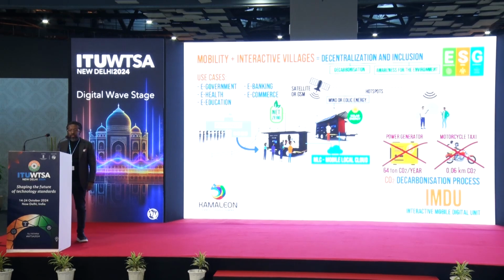As illustrated in the picture, public service offices usually have very long queues and people have to travel very long distances to have access. But with this model, it's possible to decentralize that towards inclusion. And this model can also be used as a hotspot.